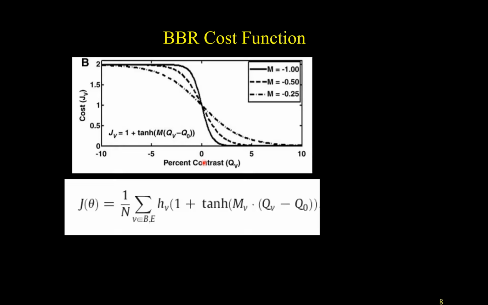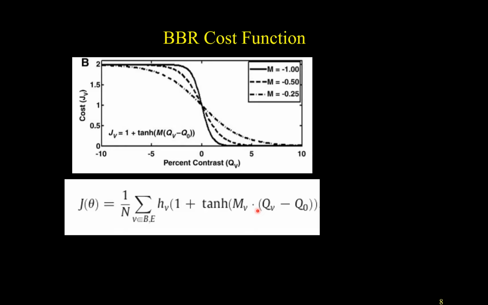And then where the contrast is zero, what does zero contrast mean? It means that on either side of the surface, you have the same tissue type, which is not what you want, because the surface should be on the boundary of the tissue type. So when the contrast is at zero, we have a cost of 1. And if the contrast is actually going in the opposite direction, it means that your registration is really off. So the cost will go up to 2.